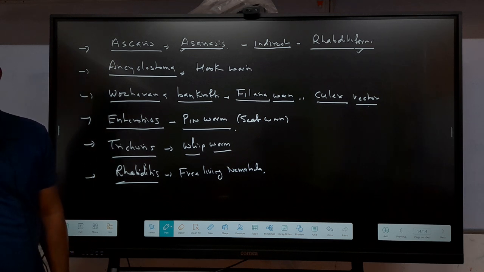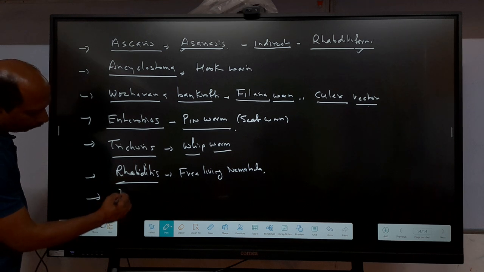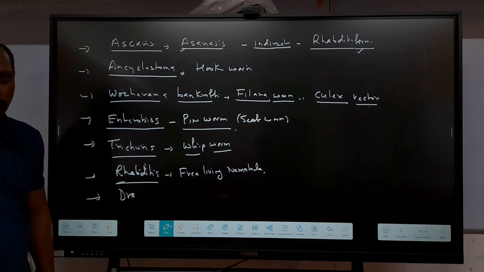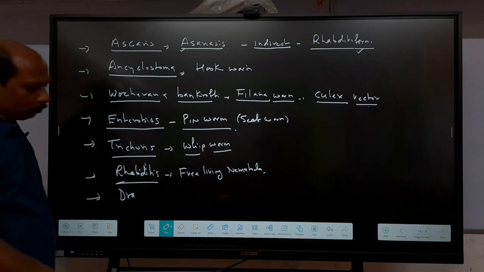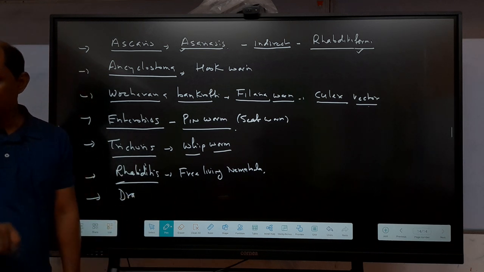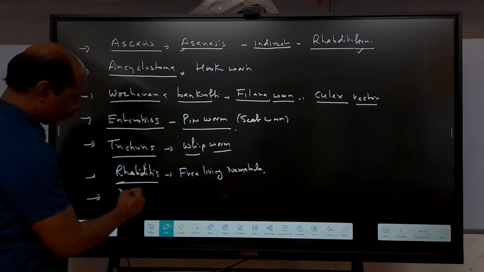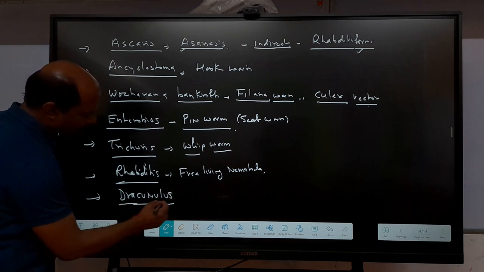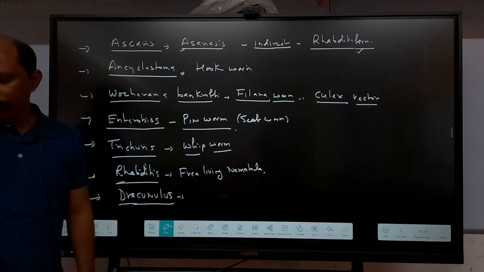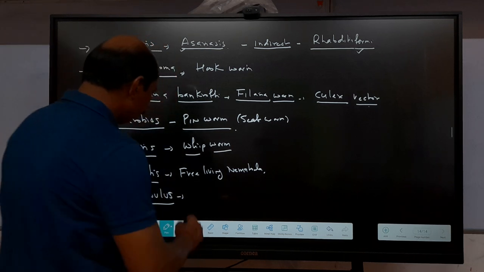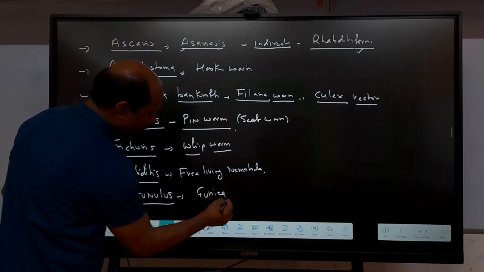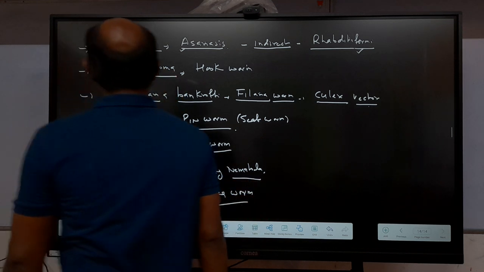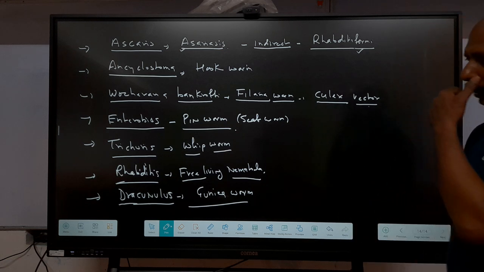One more is the Guinea worm, Dracunculus, yes. I forget the name, it is Dracunculus, D-R-A-C-U-N-C-U-L-U-S, right? So this Dracunculus is also called Guinea worm. So these are some examples and their common names, which are included in this phylum, that is in Aschelminthes.